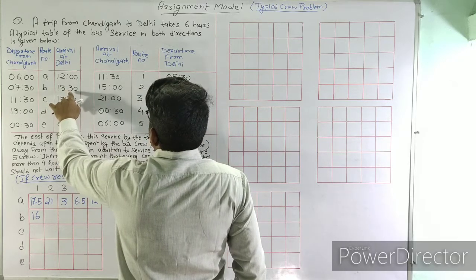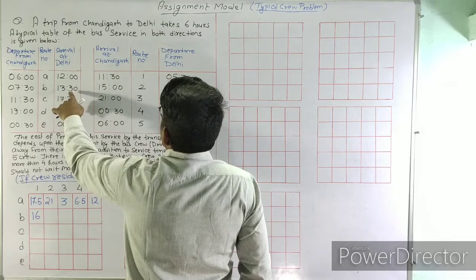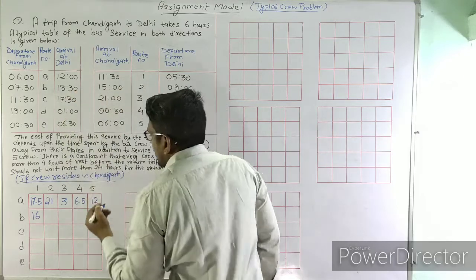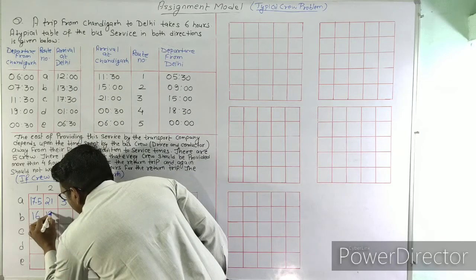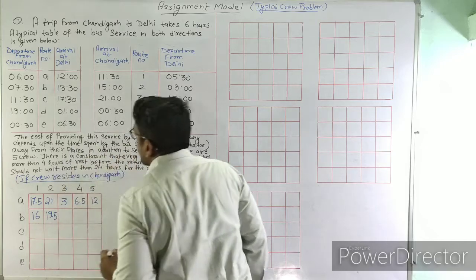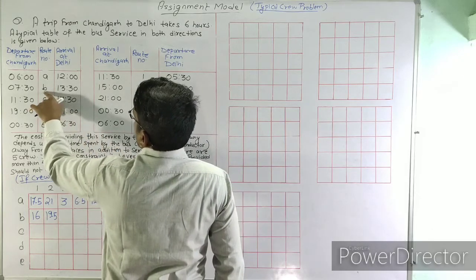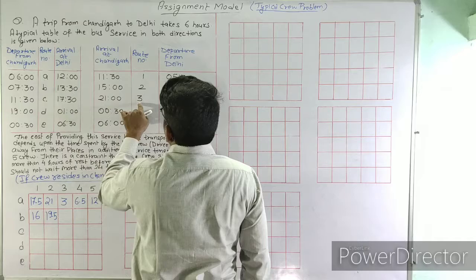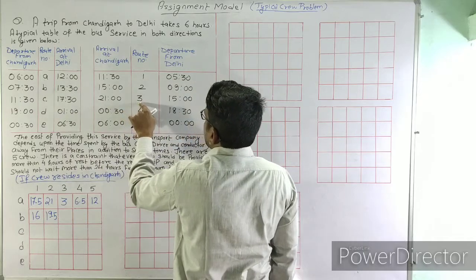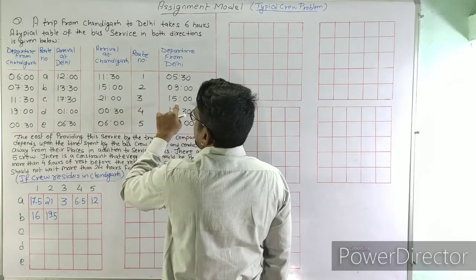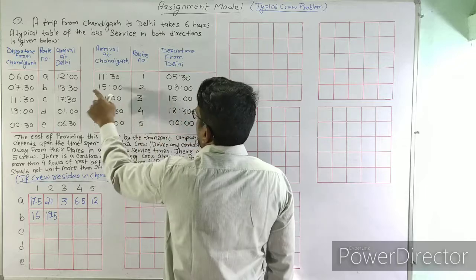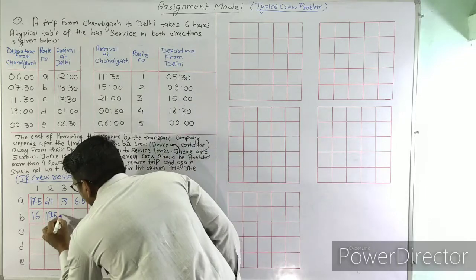Okay, this will let us be 14 plus 10 plus 9. So this will be 19.5 hours. Similarly, if crew arrives from route B and departs from route 3, the difference here is 1.5 hours. Okay, so this will be 1.5.